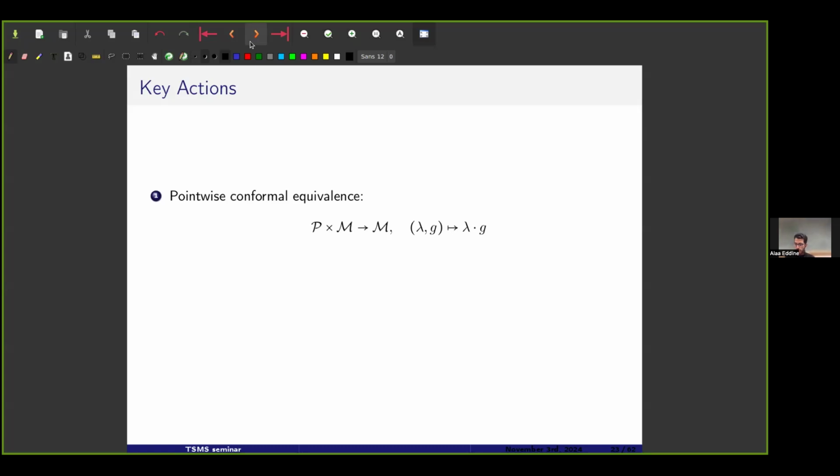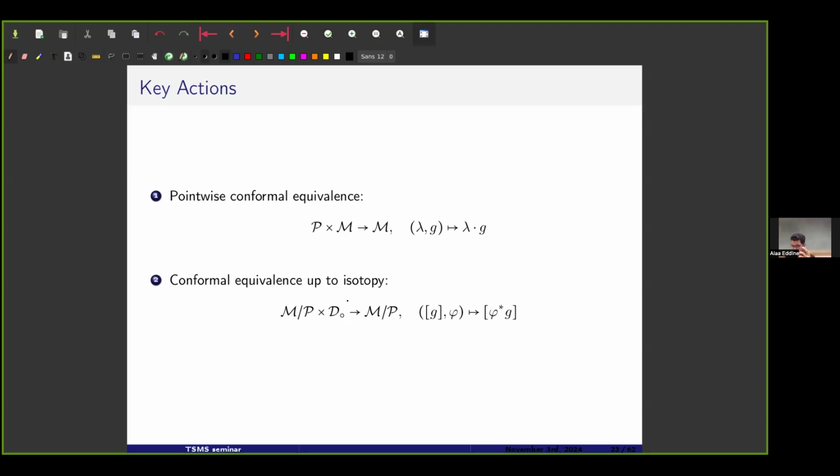So naturally we would take the action by the diffeomorphism group on the quotient, just taking the pullback. But Teichmüller's idea was to take not the whole diffeomorphism group, but just the connected component of the identity.